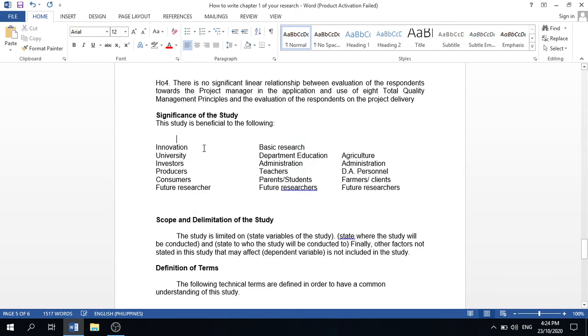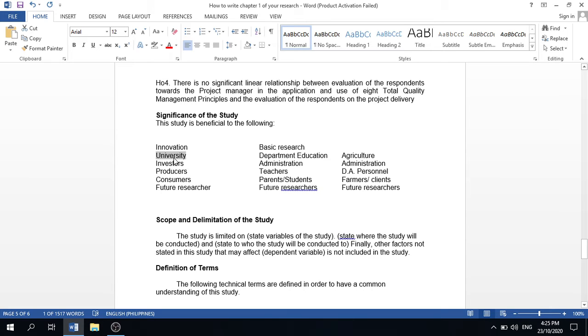For innovations, where you created something new, it usually starts with the university, since innovations usually come from state universities, especially science and technology schools. How does the university benefit from your innovation?